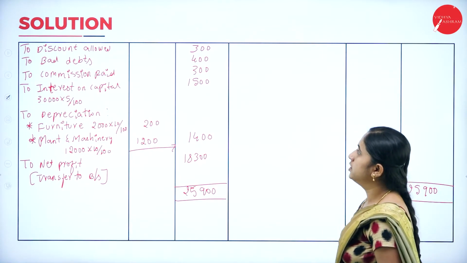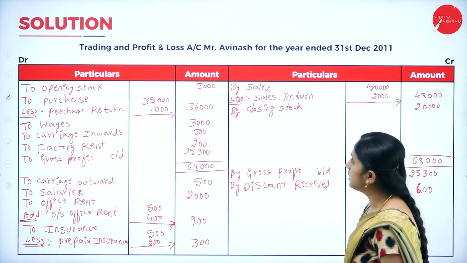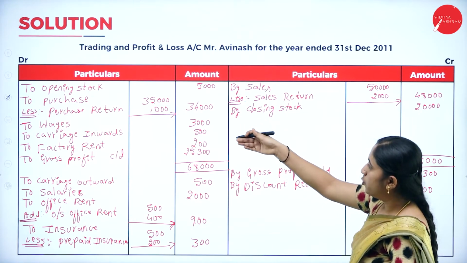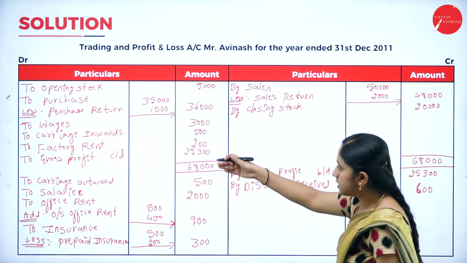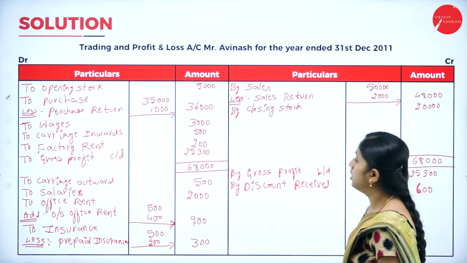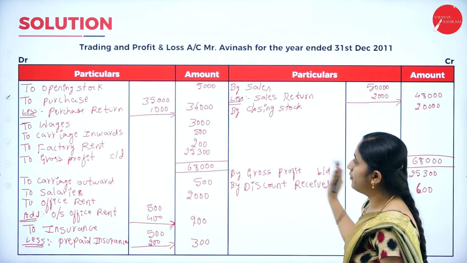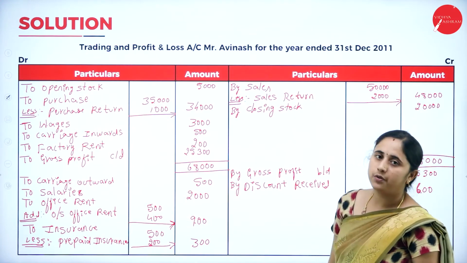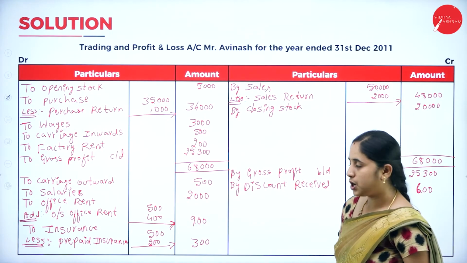So this is all about trading and profit and loss account. First you will consider opening stock, then purchase return, wages, any other direct expenses, and here in the credit side sales return and closing stock. After recording all the entries, you will find the difference whether it is gross profit or gross loss.